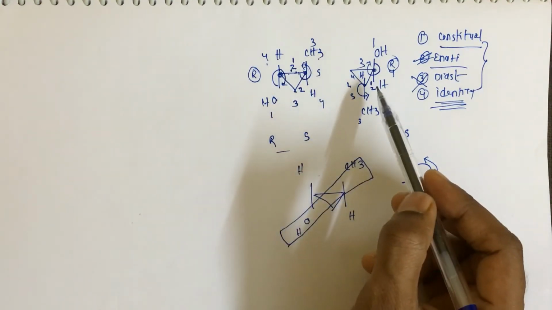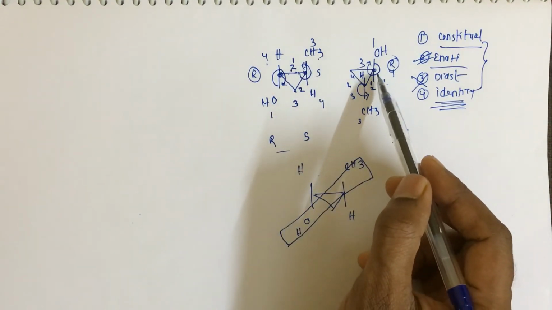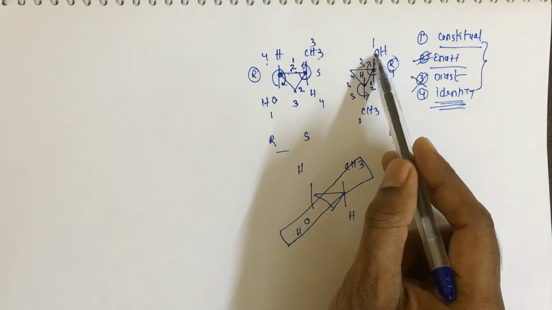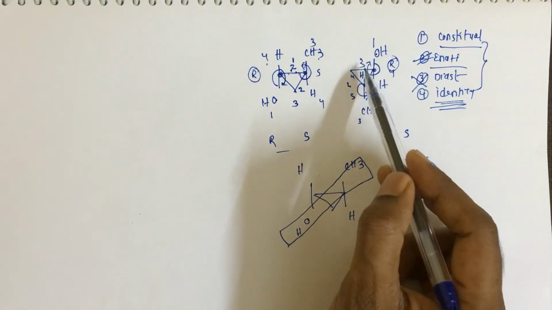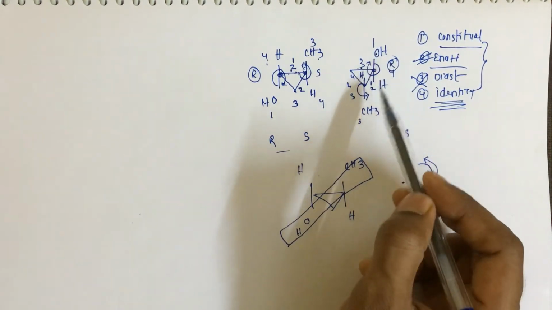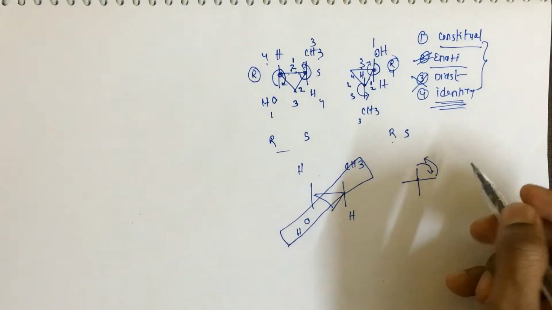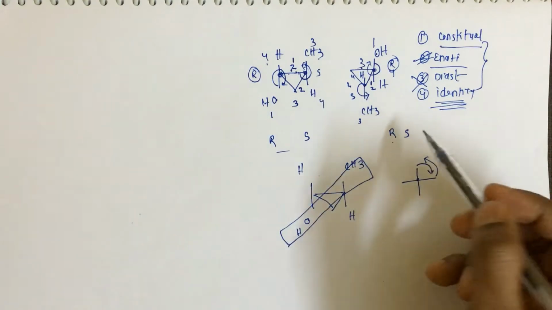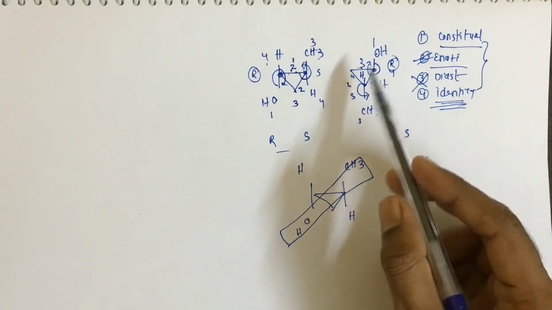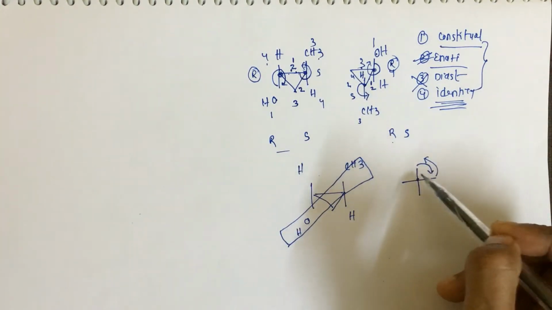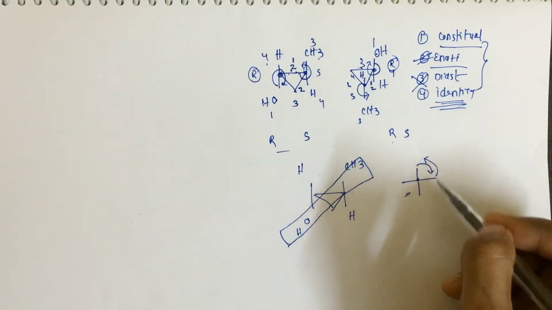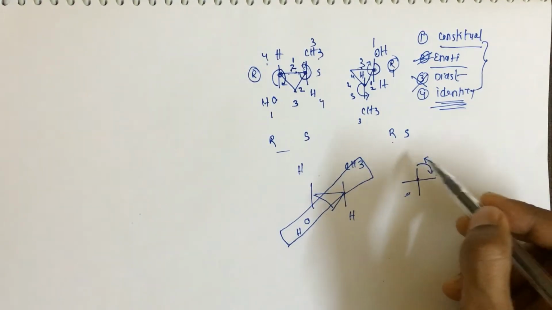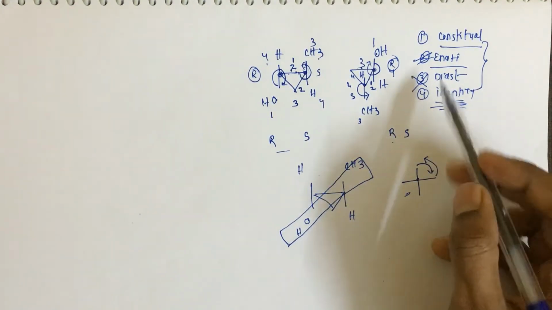Yes, okay, and here this should be 1, this should be 2, 3, R. Okay, so as I said, sometimes this RS nomenclature may not help. For these compounds I prefer this way: if there is a mutual exchange of groups by 90 degrees, then I go for enantiomers.